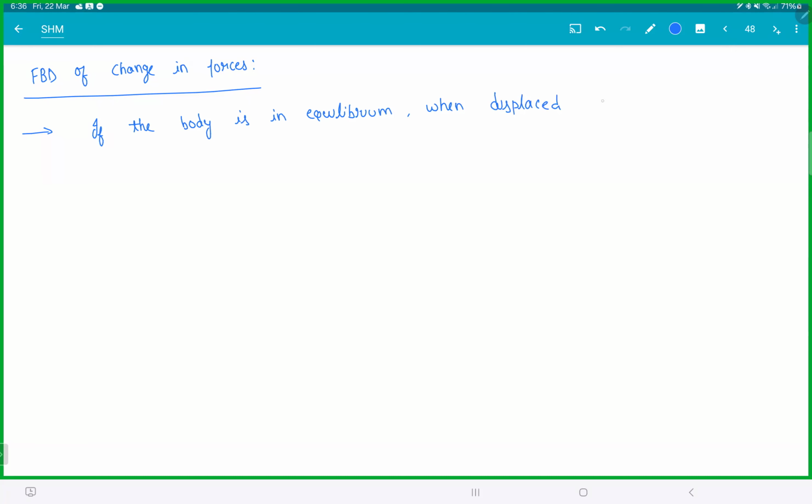So when displaced, the net change in force is the restoring force. And then you can simply write restoring force is equal to mass into acceleration.